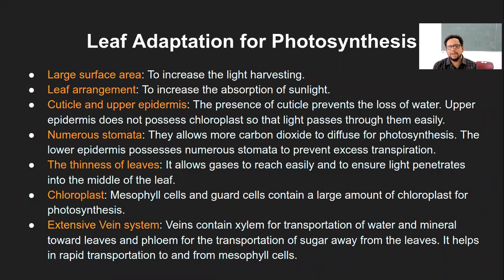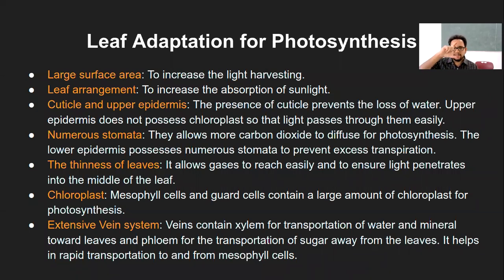So what has been happening with the leaf so that it can adapt to the process of photosynthesis? First is larger surface area. Why does a leaf need larger surface area? Obviously to increase the amount of light that is being taken by the leaf. Now, if we think of a small chlorophyll pigment, one chloroplast will contain many chlorophyll pigments.